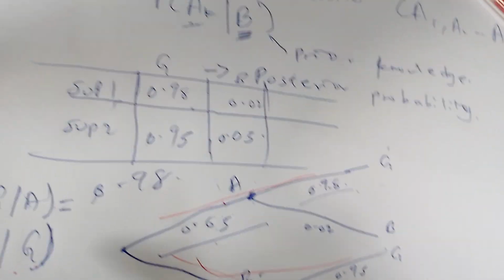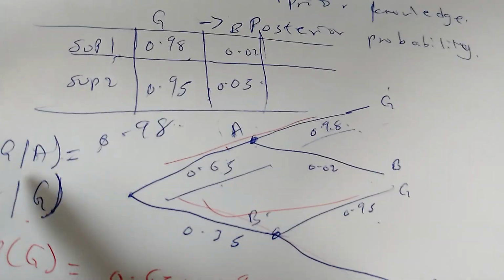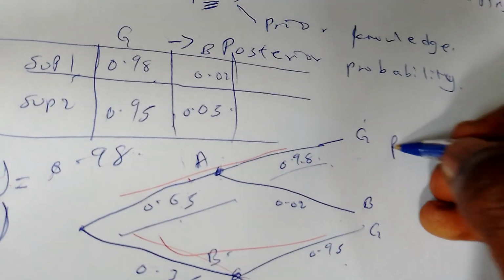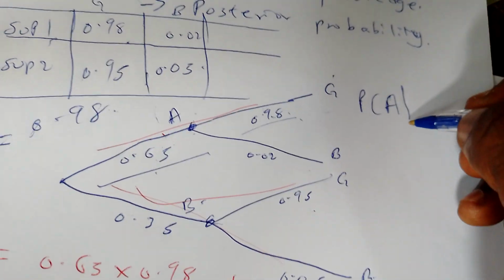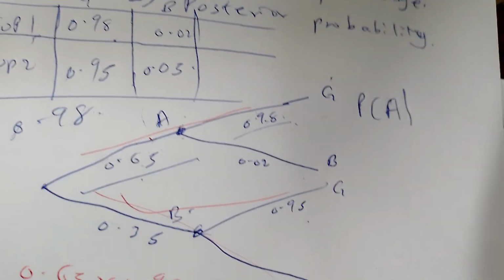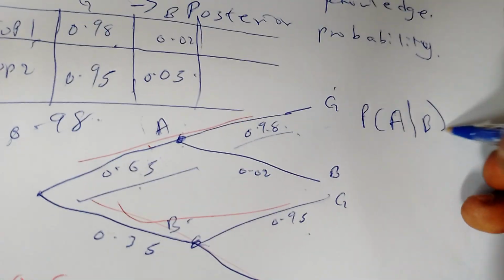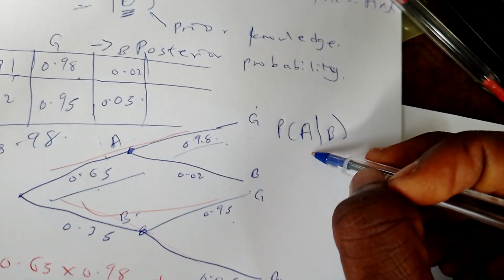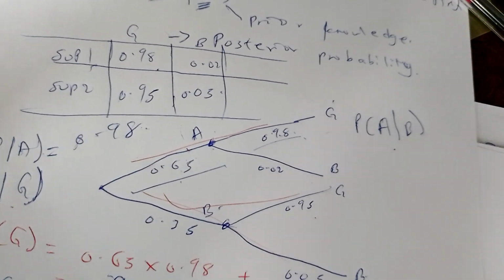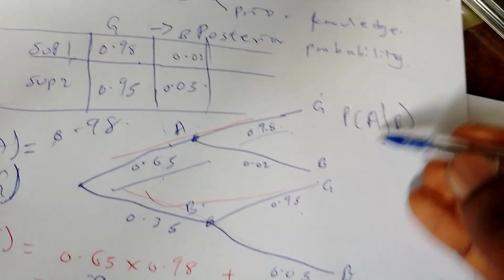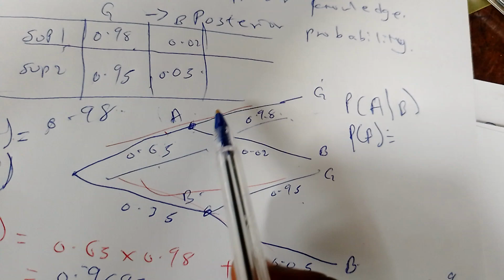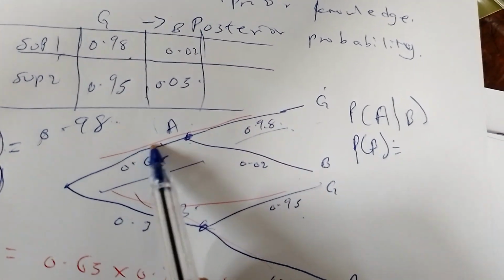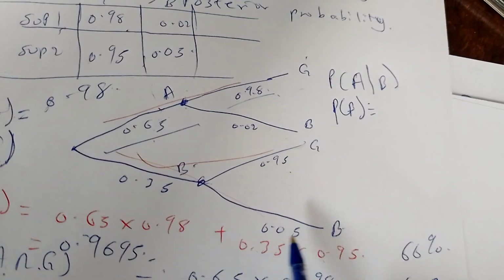Now let's say you are trying to find the probability that it is from supplier A, given that it is bad. So let's try this one too. If we try to solve something like this, first we have to find the probability of bad. It's from A and it's bad, or it's from B and it's bad.